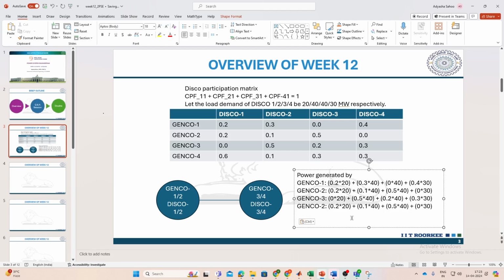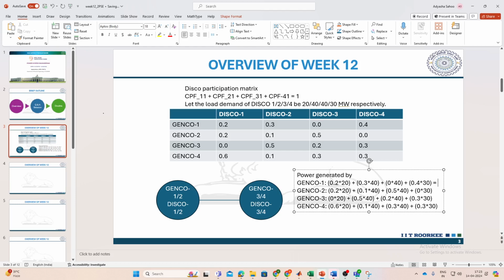Similarly for your last GENCO 4, it is 0.6 of 20, 0.1 of 40, 0.3 of 40, and 0.3 of 30. That will give the total power generated by each GENCO.